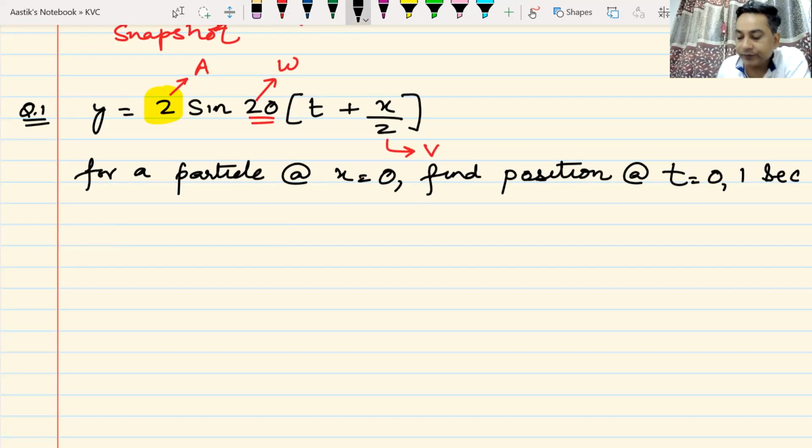How will you do this? So I have a particle whose position on the x-axis is 0, x is 0. You have to find its position at t is equal to 0 and t is equal to 1. I will give you a minute to think about this question and give me the answer. I will be back in a minute.